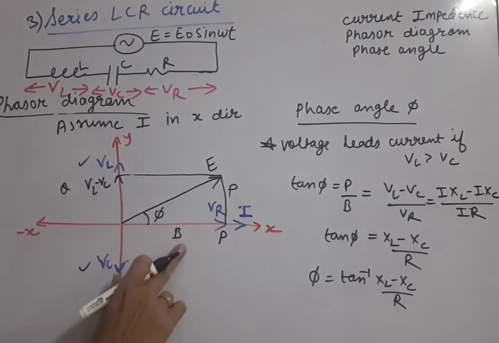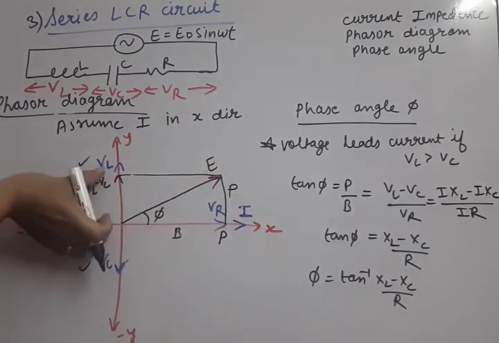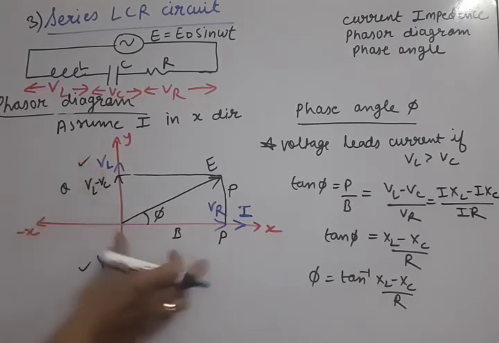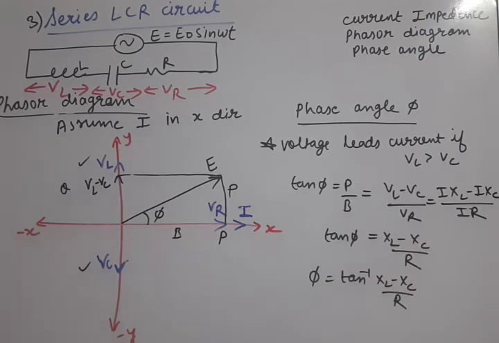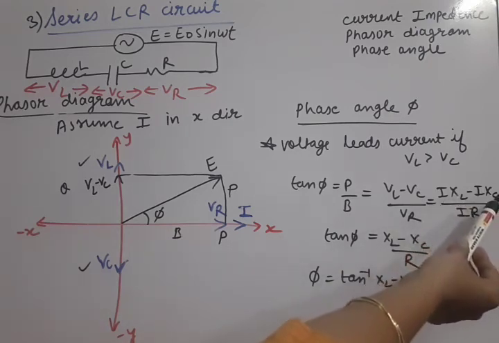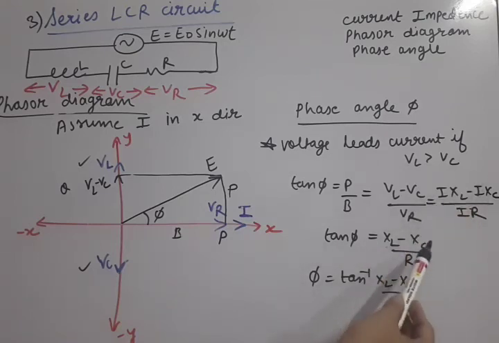So perpendicular means this side. It is equal to VL minus VC and base is VR. So VL minus VC upon VR. Converting it in form of current, IXL minus IXC upon IR. I is common, cancelled. XL minus XC upon R. So finally phi can be written as tan inverse of XL minus XC upon R. So this is the phase angle between voltage and current.